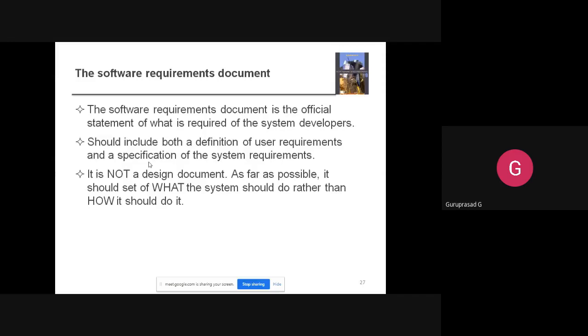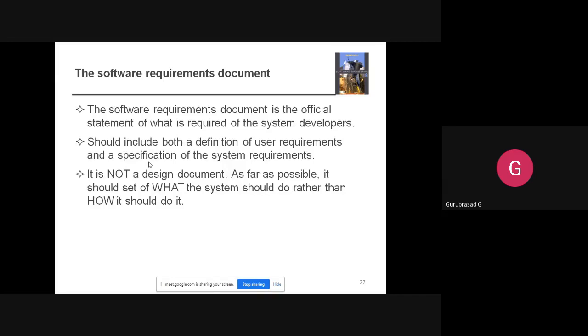On one side we have the client, which may be a bank, and on the other side the developer, maybe a software company which is going to develop the software for the bank. For the developer, the most important thing is the requirements document, because you should clearly understand it, and it should be official. That's why it is written as an official statement of what is required.